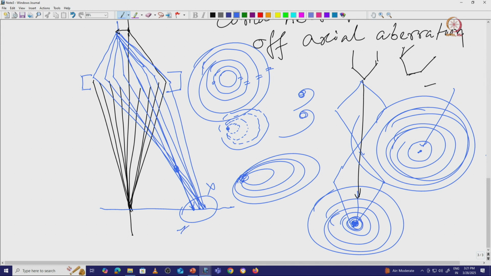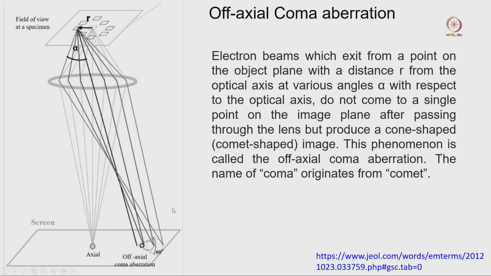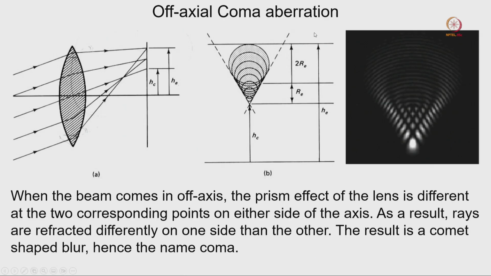Let's take a look at how this coma aberration looks. It will be better to show you in an image. Here if we go to our power spectrum, this is our astigmatism. Now this is the off-axial coma aberration, and when there is a coma aberration, your coma shape will be spread like that, the electron beam.